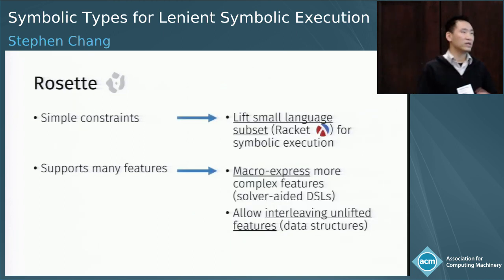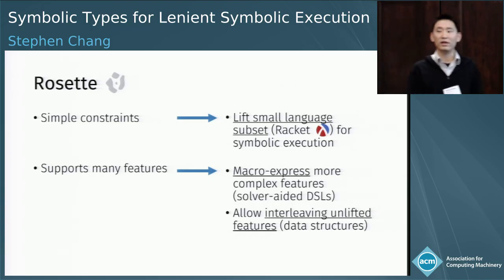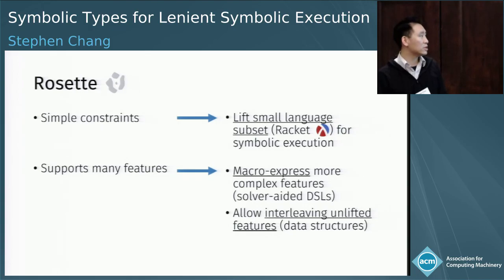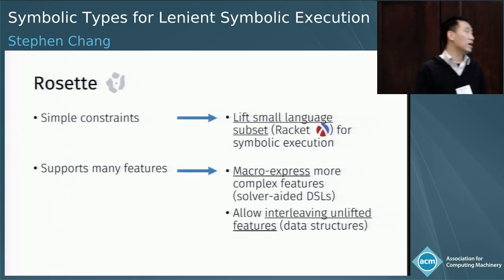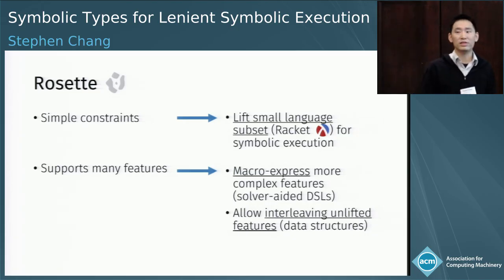First, in order to keep constraints simple, Rosette equips only a small subset of a language for symbolic execution. Rosette uses Racket as its host language. But then, to allow programmers to use more features, Rosette does two things. The first is that it uses macros to build more complicated abstractions on top of the small core.